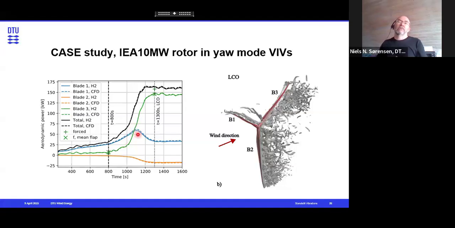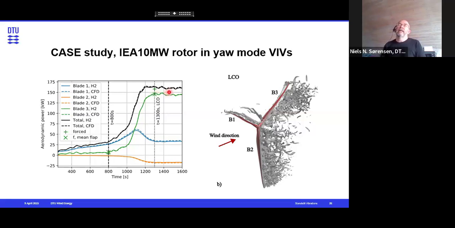At around 1100 seconds, this downwind blade actually inputs much more energy than the blade that started the vibration. Eventually blade 1 goes down in power input, while blade 3 keeps increasing until 1300 seconds, and then we reach the limit cycle amplitude.